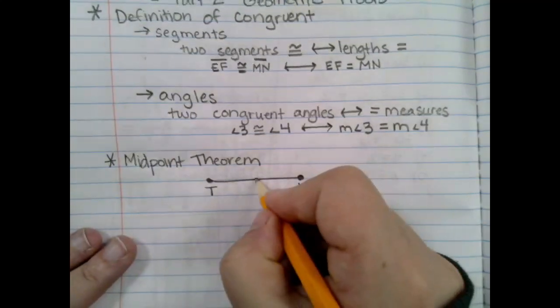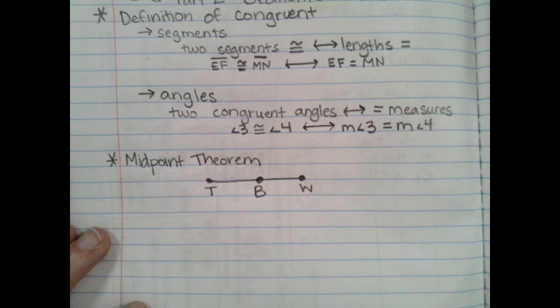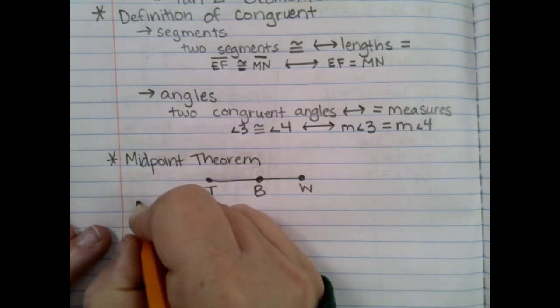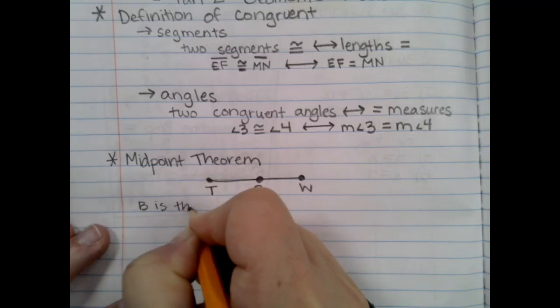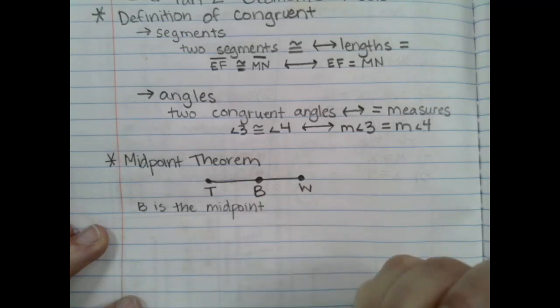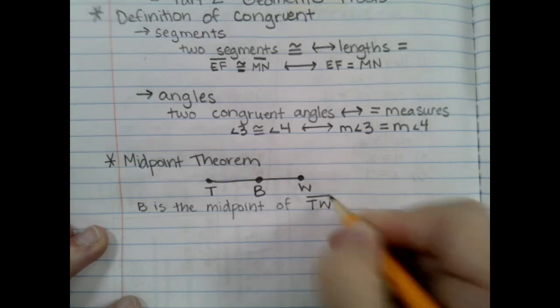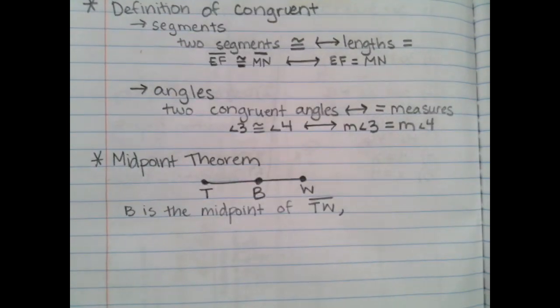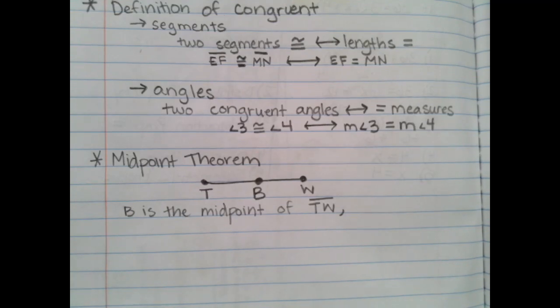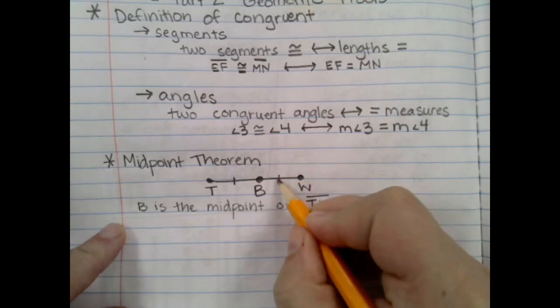In the middle. Okay, so we know B is the midpoint of segment TW. And since B is exactly in the middle, what do we know about those two parts? They're equal. But that's our definition. Our theorem is going to say that they're congruent.